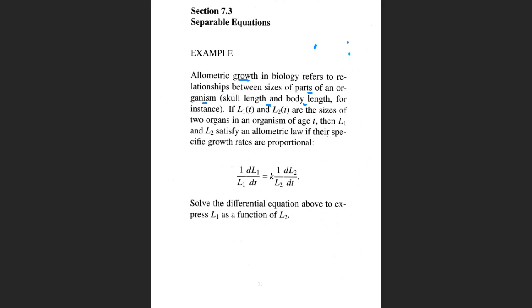Yes, and so they're saying that if L1 and L2 are the sizes of two organisms, or the sizes of two organs in an organism at age t, for instance the heart, then L1 and L2, the sizes of these two organs at time t, satisfy what's called an allometric law if their specific growth rates are proportional. And here is the differential equation for this allometric law.